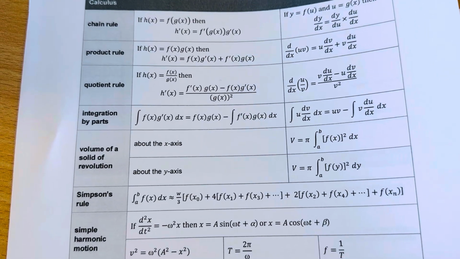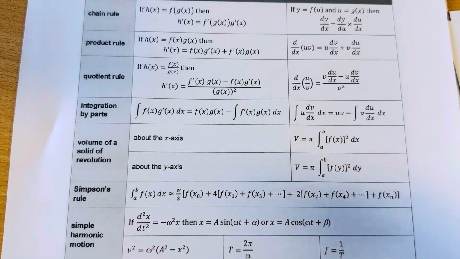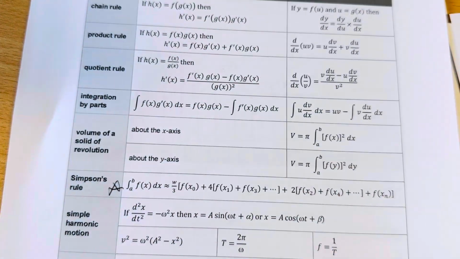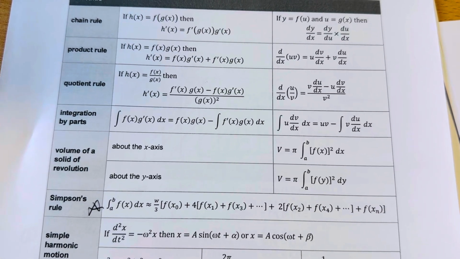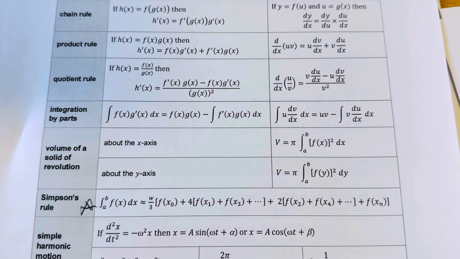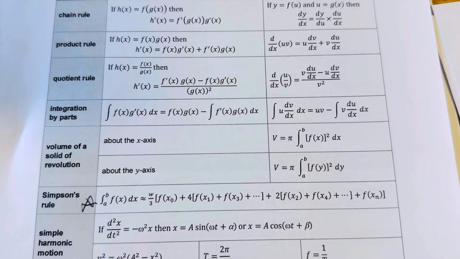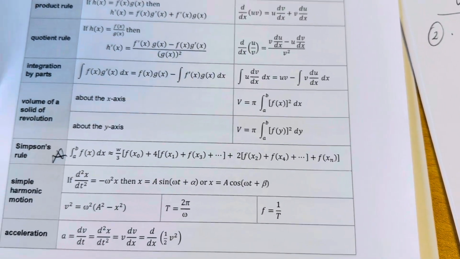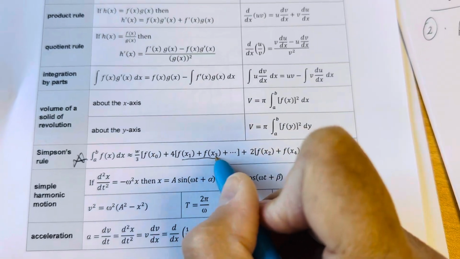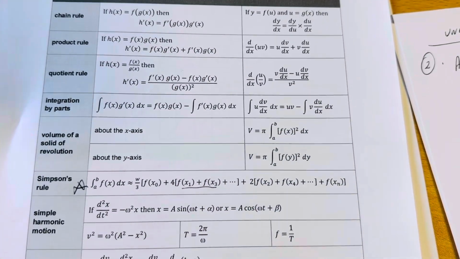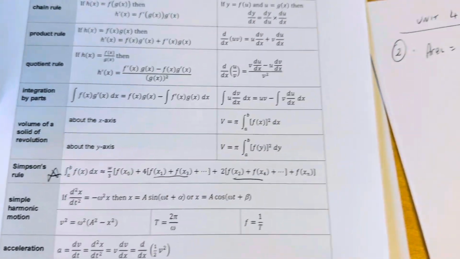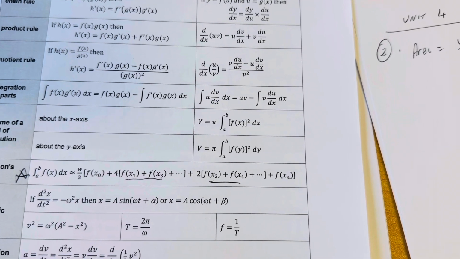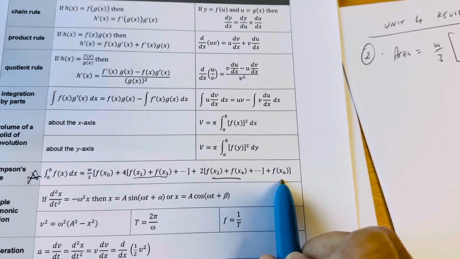Now, Simpson's rule is on the rule sheet, I should say, not the revision sheet, the rule sheet. Here's Simpson's rule here. The area is equal to the width on 3, f of x0, and I always just call this 4 times the odds, plus 2 times the evens, plus my other end.